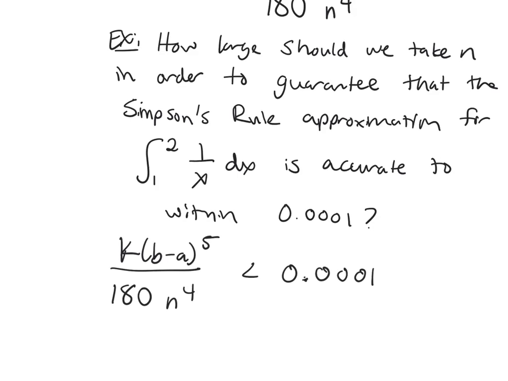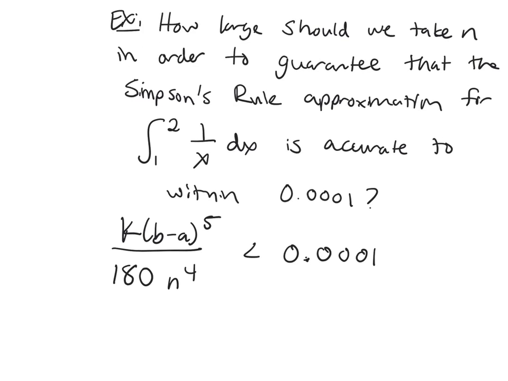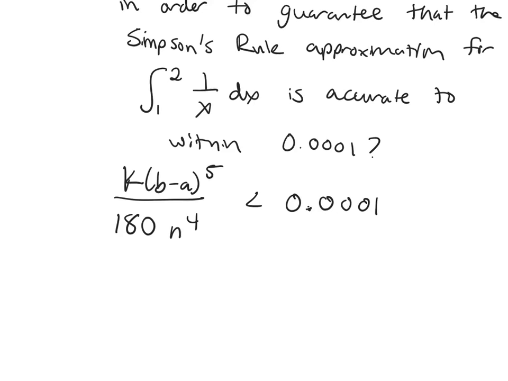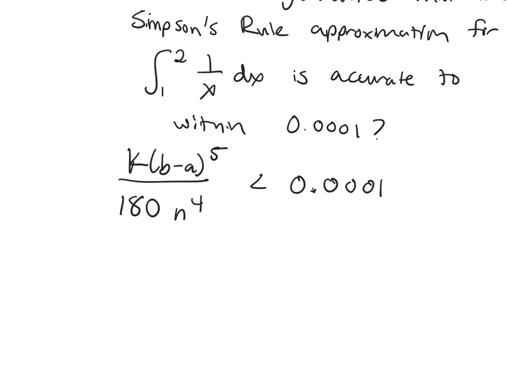But we've got to find that K value first. I know what b and a are because they correspond to my interval. And I'm trying to solve for n, so the only thing I don't know is K. And K came from an upper bound on the fourth derivative.